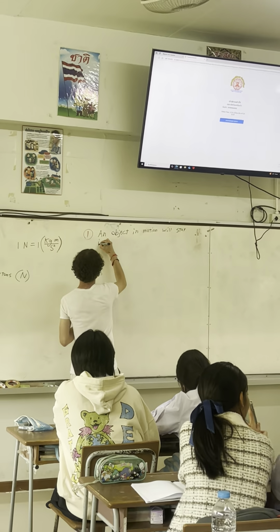Newton's force is equal to mass times acceleration. Kilograms, mass, meters per second squared, acceleration. So a Newton is equal to a kilogram times acceleration, which is meters per second squared. A mass being accelerated is a force. A force is a mass being accelerated.